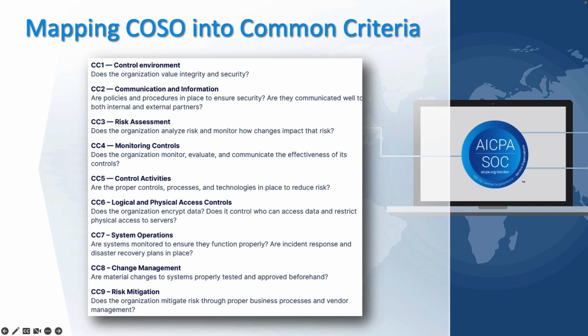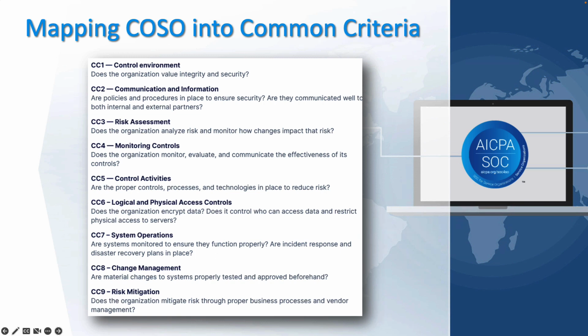The first one, control environment, common criteria 1, covers COSO principles 1 to 5, and this criteria section covers the service organization's commitment to integrity and ethical values, independence by the board, management and board oversight, and the hiring, firing, maintaining, and ongoing monitoring of quality of employees in your organization.